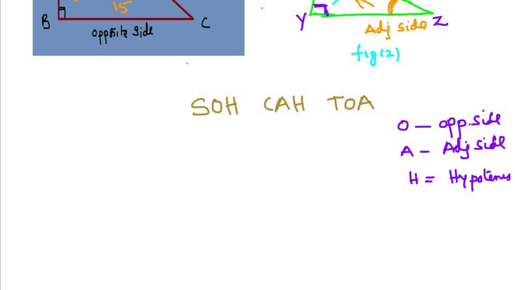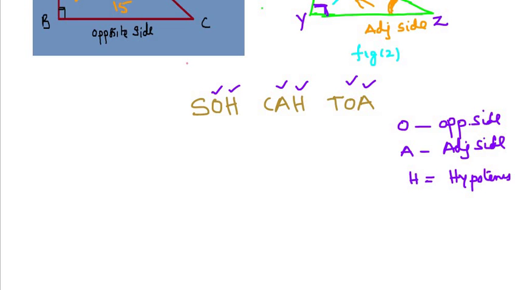The sine ratio is opposite side by hypotenuse. Yes, what you studied is correct. The cosine ratio is adjacent side by hypotenuse. The tangent ratio is opposite side by adjacent.